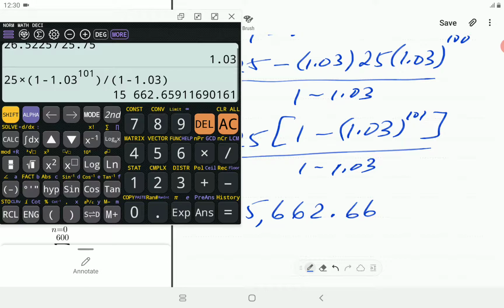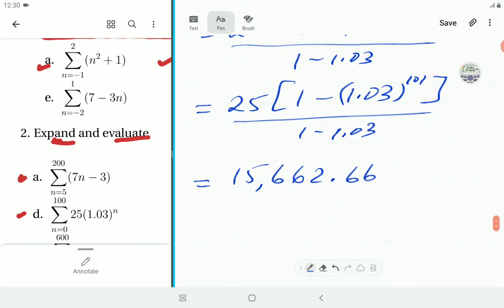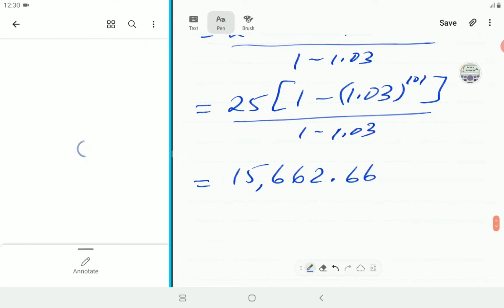We typically round off to decimal places right at the end to obtain maximum accuracy.